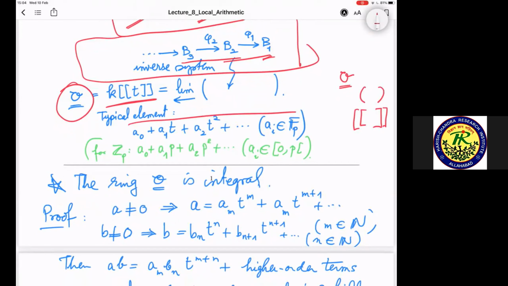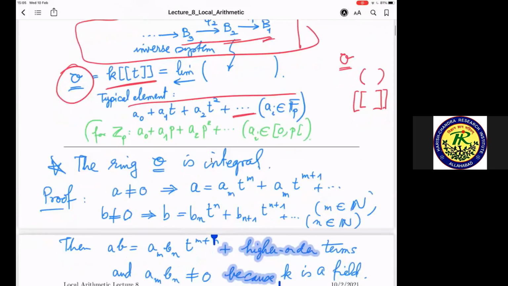So a typical element of this ring O is a0 plus a1 t plus a2 t squared, and so on, ad infinitum, all the way up to infinity. I mean, it doesn't stop.